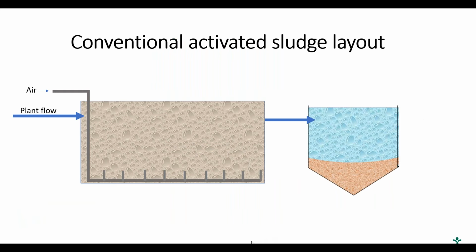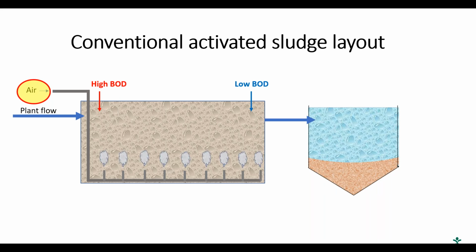If we look at a typical activated sludge process here, you see the plant flow coming in from the left there. That's the liquid flow, and it continues through the aeration tank to the clarifier and out through the effluent.